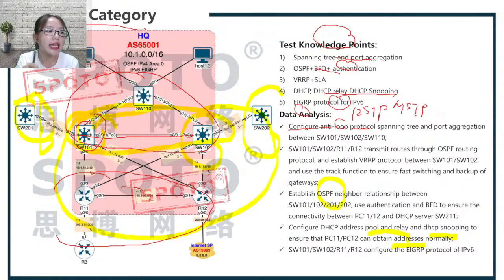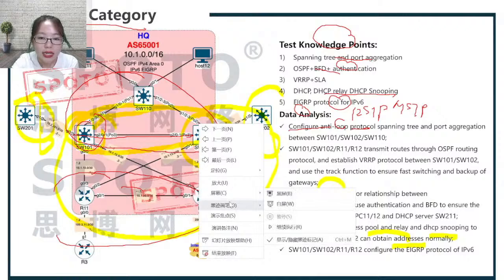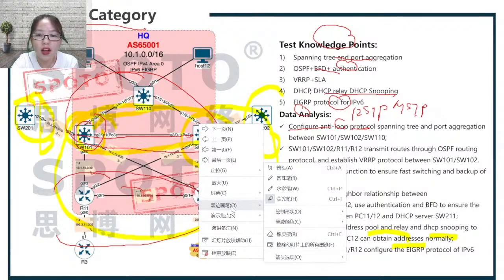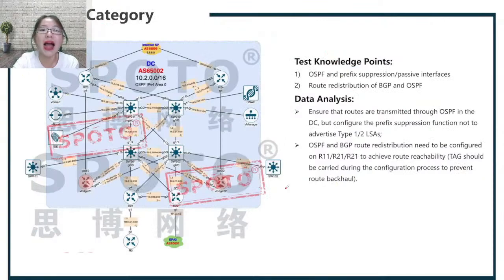These techniques are not very difficult, and mainly examine the candidate's handling of details. So let's see the next part, the DC category. We can see its detail. This second part belongs to the DC category.